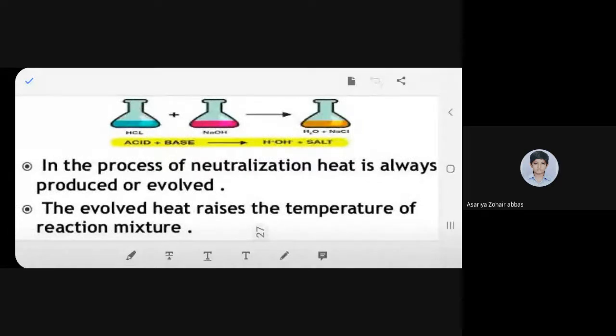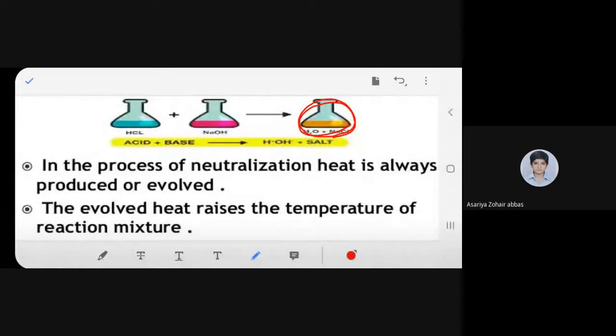In the process of neutralization, heat is always produced or involved. Involved means it is evolved. The evolved heat raises the temperature of the reaction mixture. Simple. If I ask you to please touch this conical flask, you will find it is hot, it is warm.